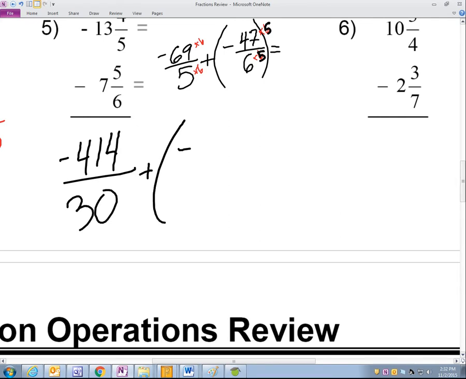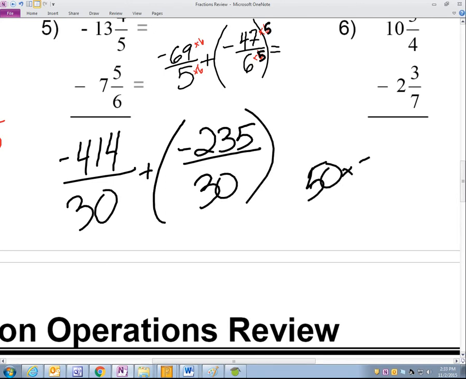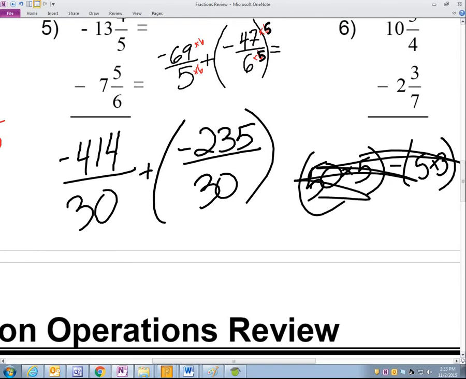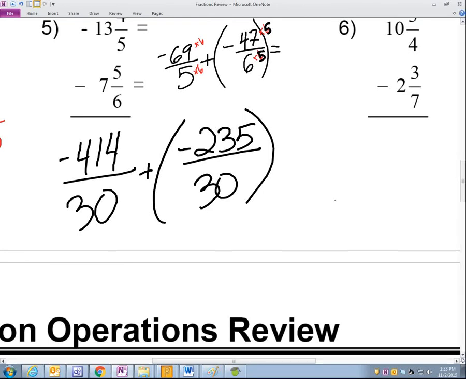That one is going to be like 250 minus 15, because what I did there was 50 times 5 minus 5 times 3. That's how I did the distributive property of that. Now I just have to do negative 414 plus negative 235, which is going to be negative 649.